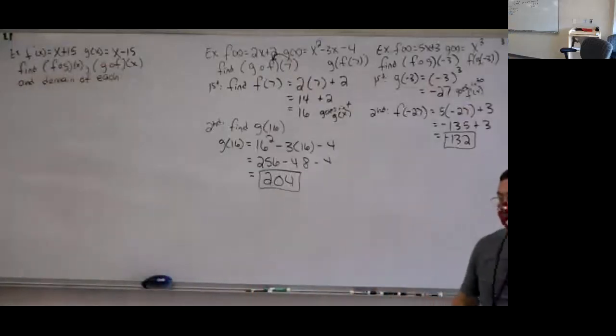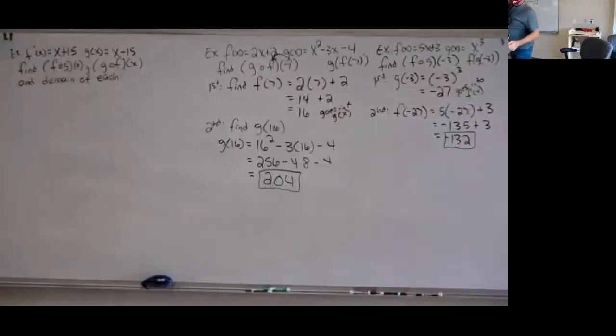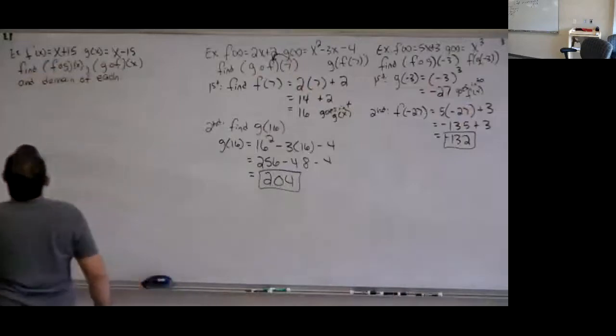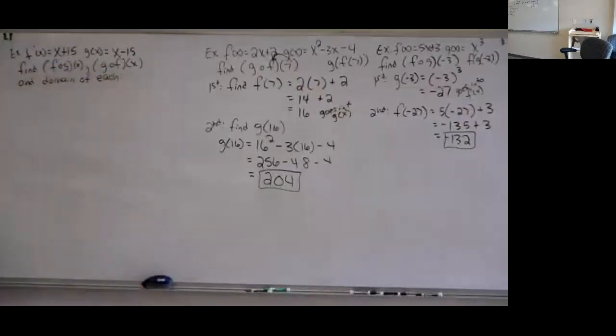We can almost say this is almost like 4 problems in one, okay? So I'll find my f of g, my g of f, and then I'm gonna look at those domains, okay? So f of g of x is like a f of g of x, right?